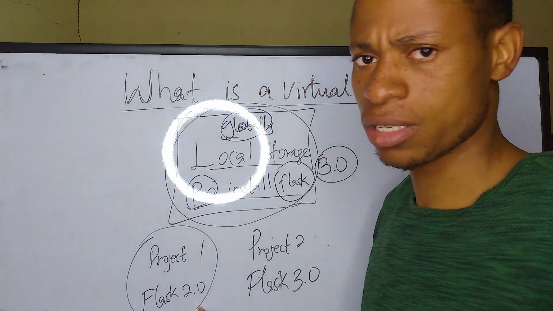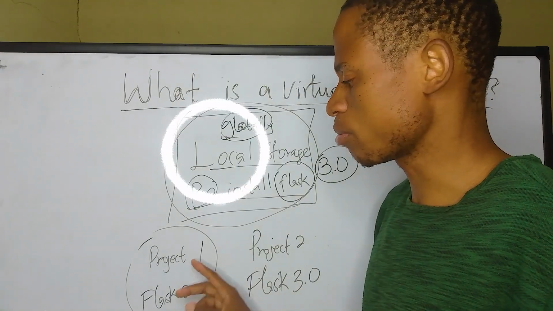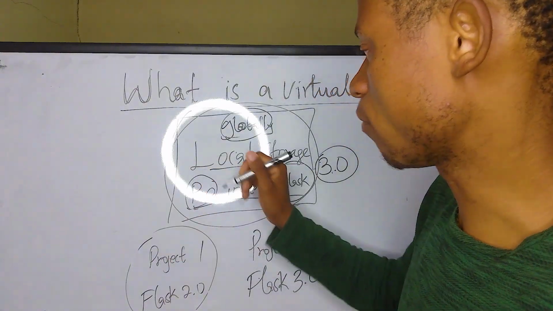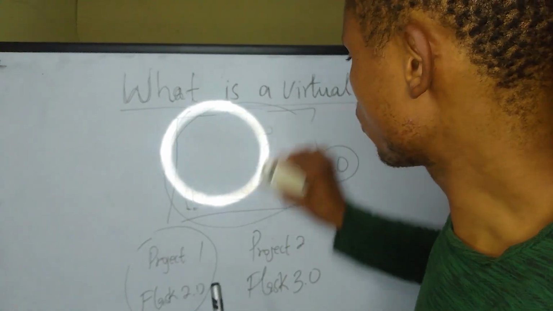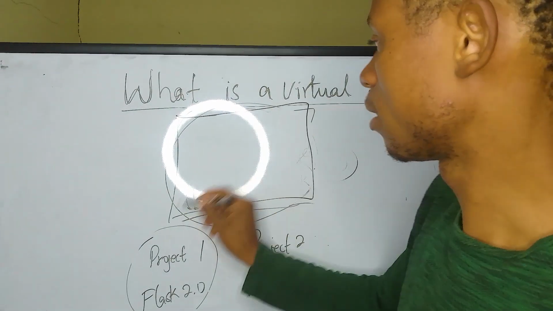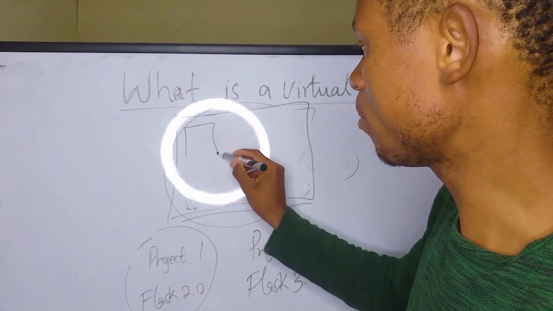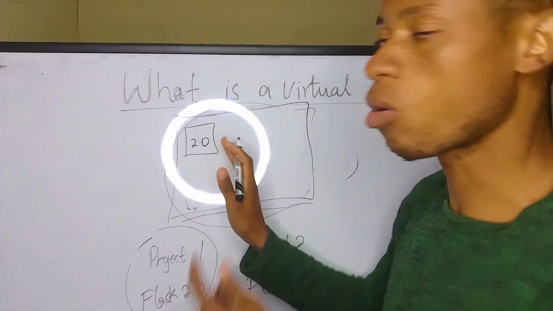So for example, to work with the project that needs Flask 2.0, you are supposed to create a separate virtual environment. Within the local storage, a virtual environment will be a separate workspace which requires Flask 2.0 only.